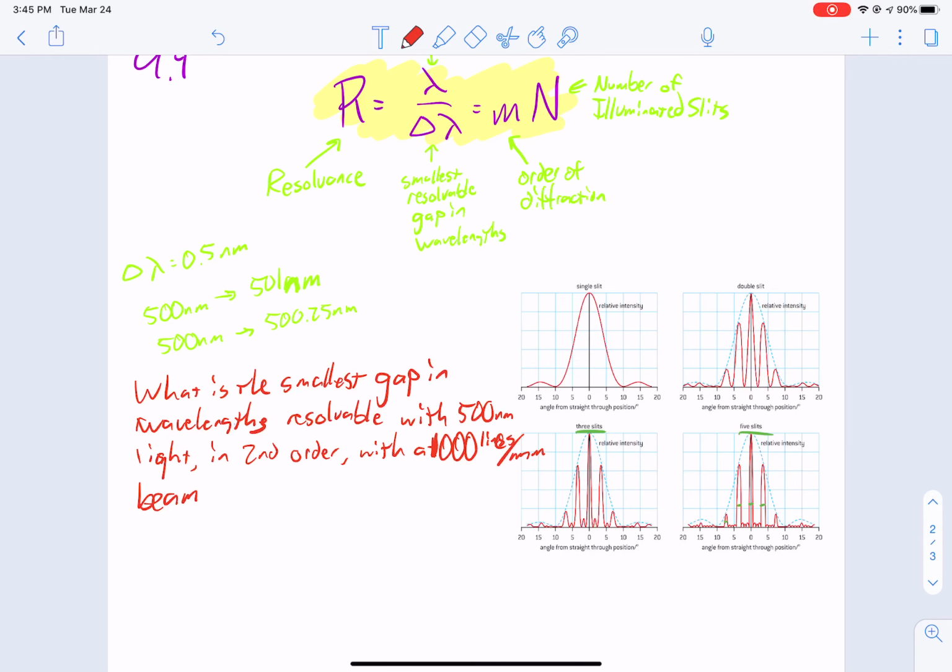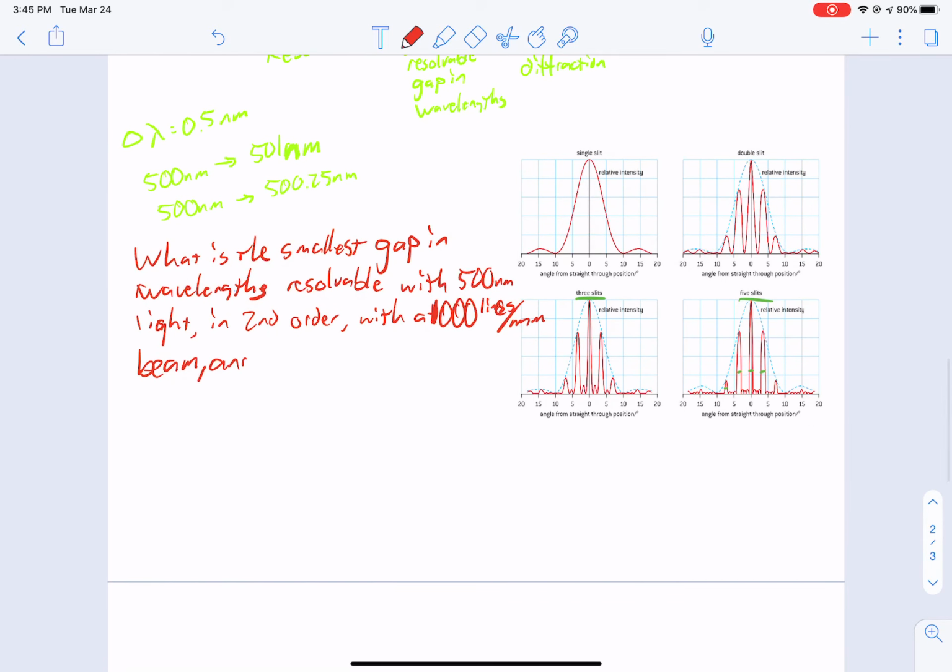A lot of things here. And a beam of width 0.25 millimeters. You can try this one on your own right now, and then we'll go over it in just a moment. If you'll hit pause.